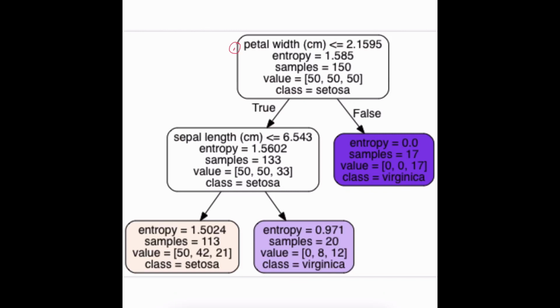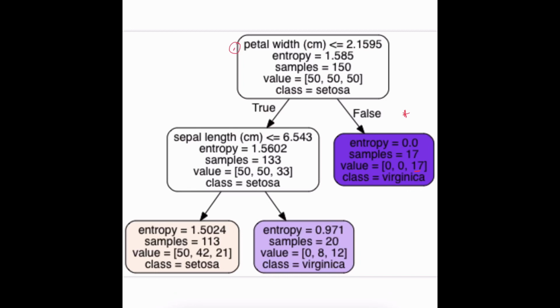So now let's look at entropy or information gain, and see how the classification looks. Let's look at the right side first, because this looks like a perfect classification and already a leaf node. The right one looks good, where we have 17 in virginica and the rest are 0, so it's perfect. Now let's go to the left.